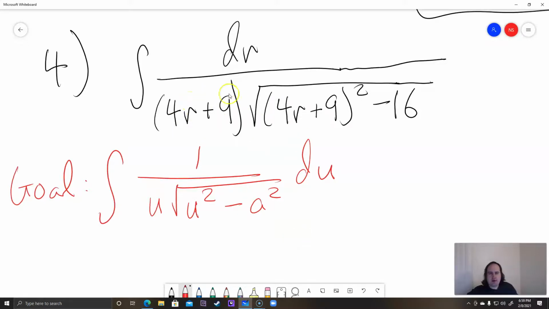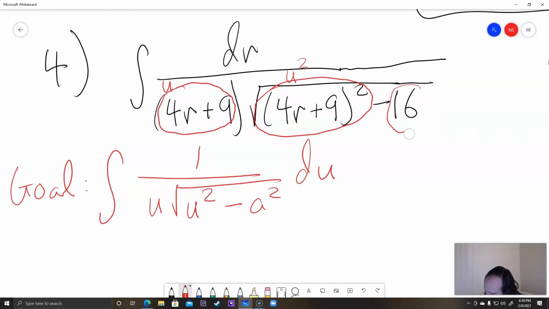So here hopefully you should be able to see that our u is going to have to be 4r plus 9, because we've got a u there, and then we've got a u squared there. And then we can see that our a squared, let me use a different color for that one, is actually going to have to be 16.